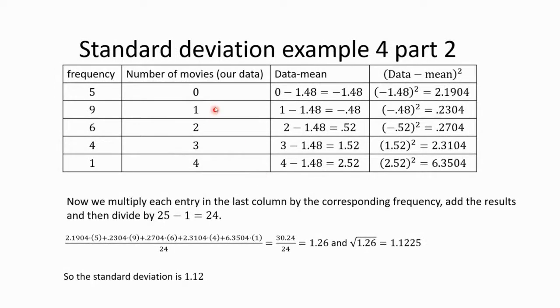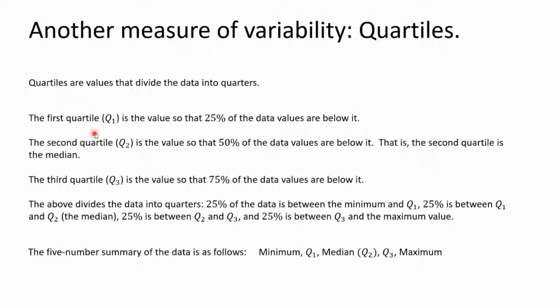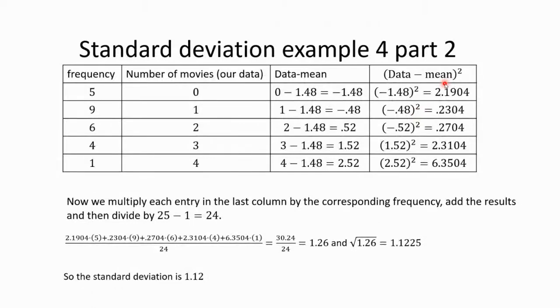And again, it's the same idea for each distinct data value. After we got the mean, we subtracted the mean, we squared, and we multiplied the square by the frequency. I hope everyone understands. Does everyone understand this? Are there any questions?